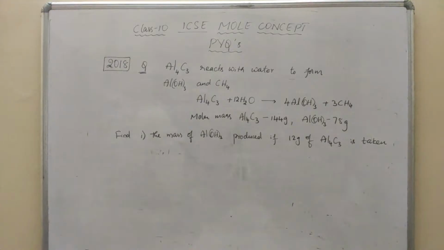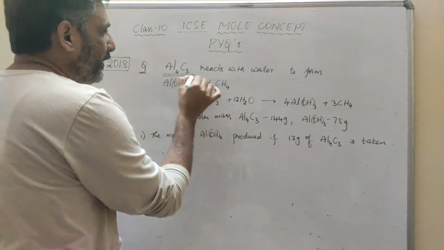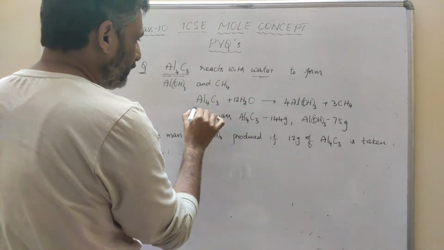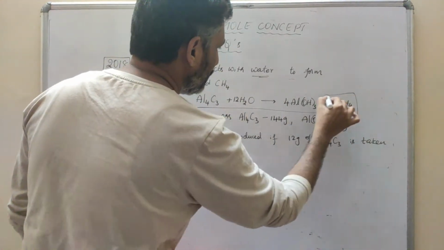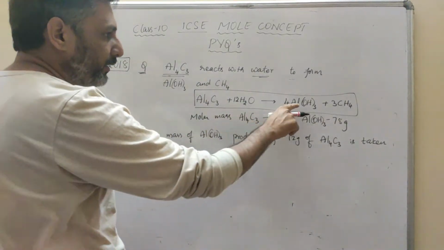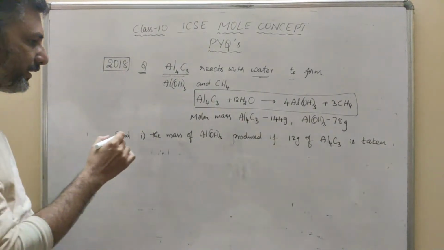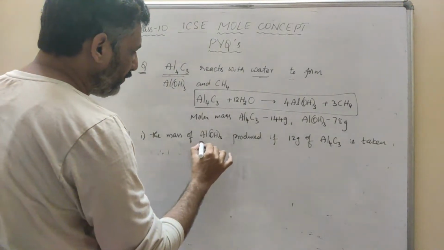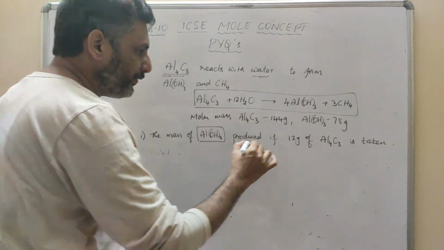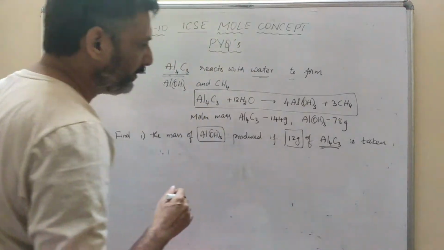So in this equation, aluminium carbide is reacting with water and forming aluminium hydroxide and methane. It asks us to find the mass of aluminium hydroxide if you take 12 grams of aluminium carbide.